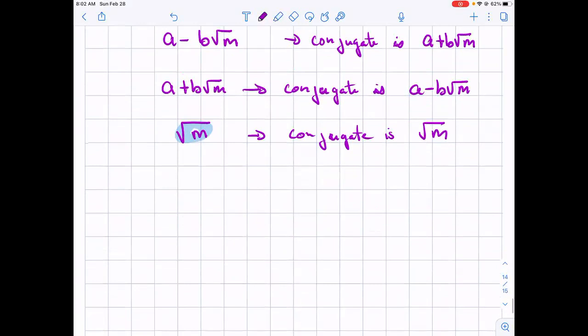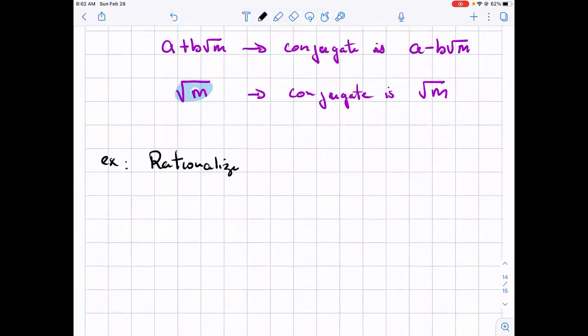So if I now ask you to rationalize, for example, okay, let's rationalize 5 over 2 square root of 3. Now remember, the whole idea, I just don't want you to memorize these things. The whole idea of getting rid of a square root in the denominator is by removing the square root.